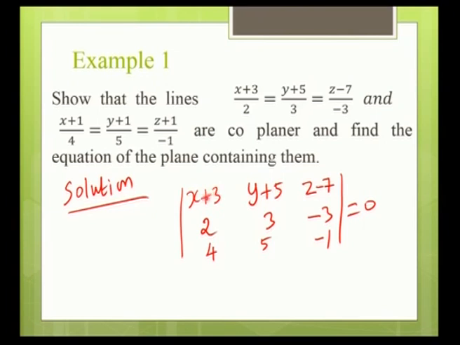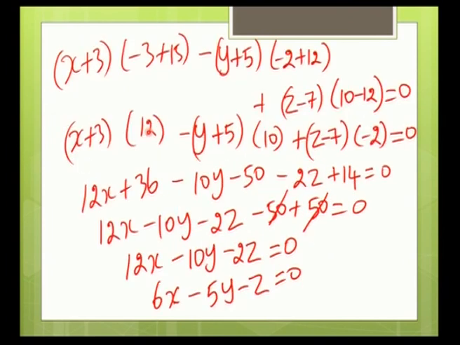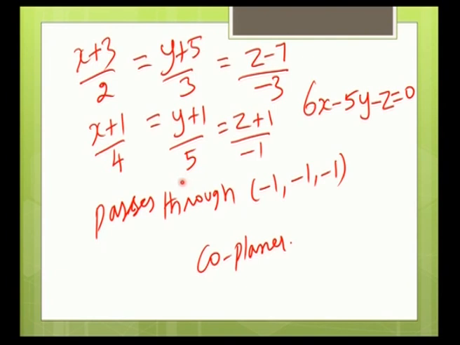First we took the equation of a plane. This plane contains the first line and is parallel to the second one. Then we proceeded. Finally we got that these two lines are coplanar.